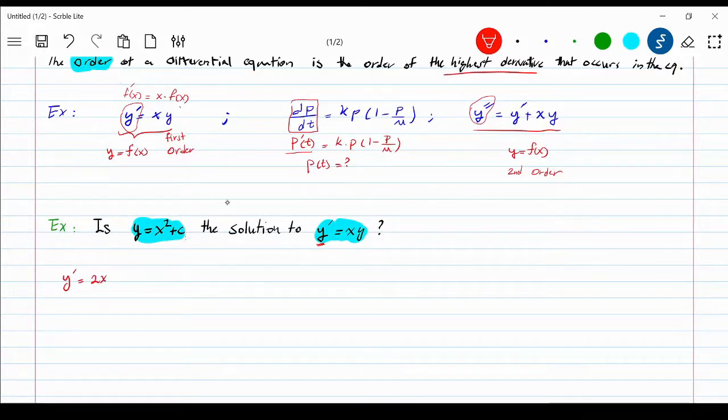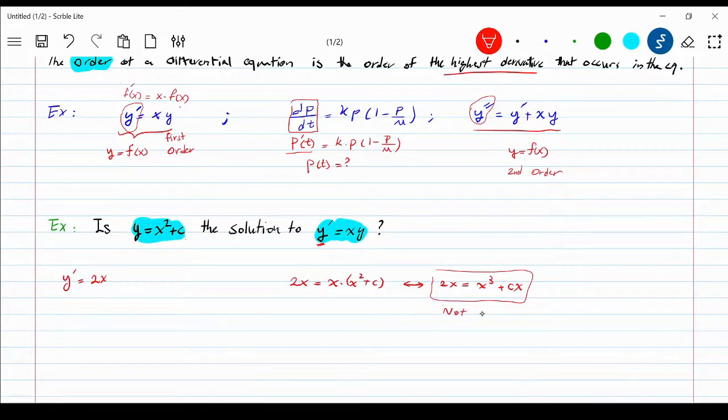So does that satisfy the equation? If we replace it in the equation, what we get is 2x equals x times x squared plus c. And if you simplify this equation, you simply get 2x equals x cubed plus cx. And this is not a true statement.